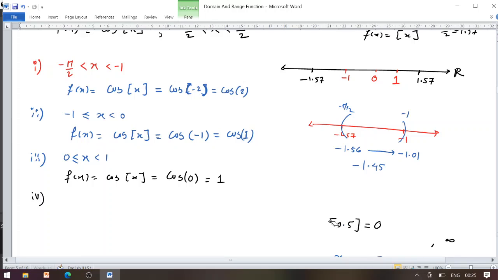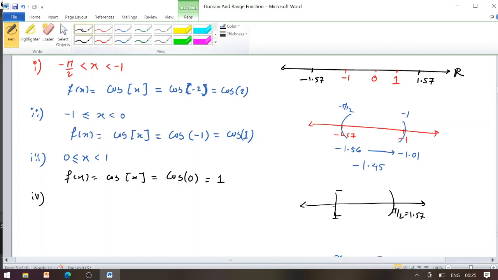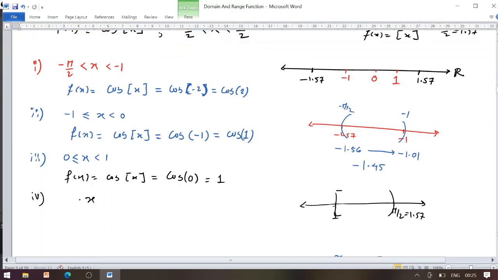So for that, consider a real number line again. On that real number line we have pi by 2, meaning 1.57, and to the left of it somewhere we have 1. So 1 is included, pi by 2 is not included. That means x should be greater than or equal to 1 and strictly less than pi by 2.